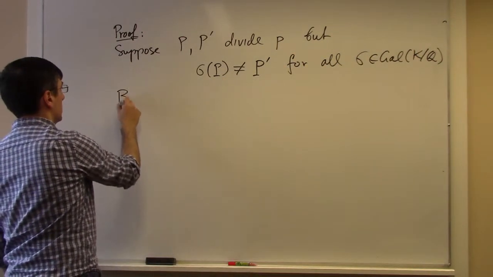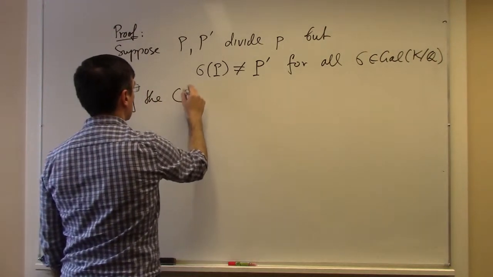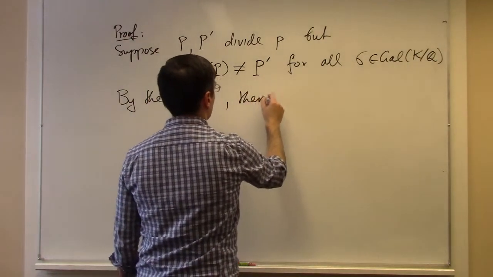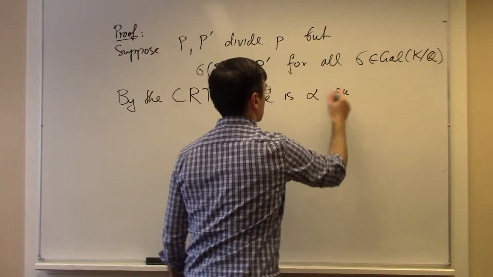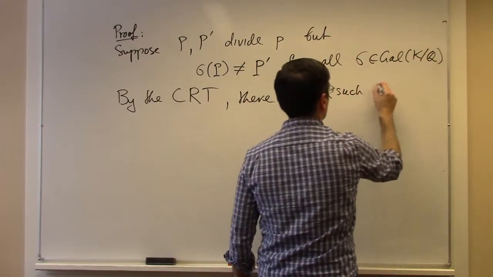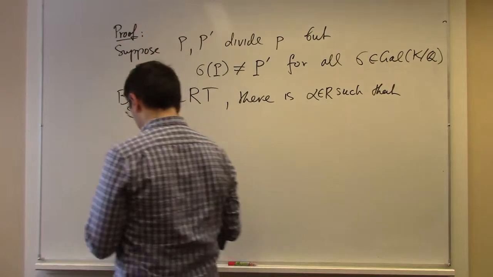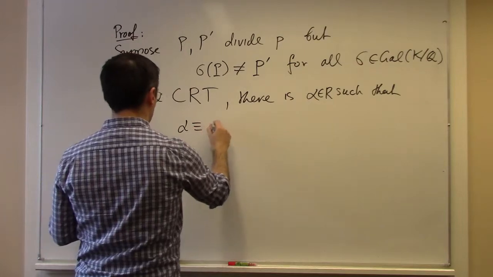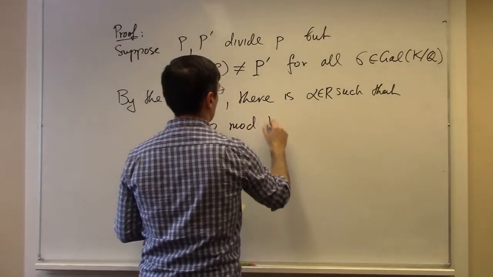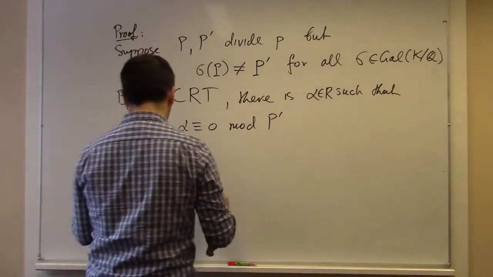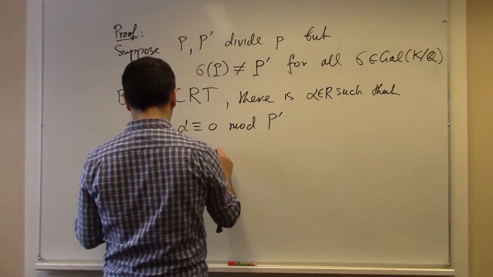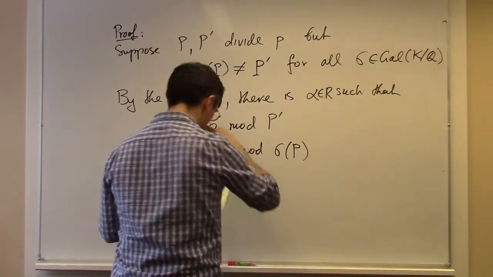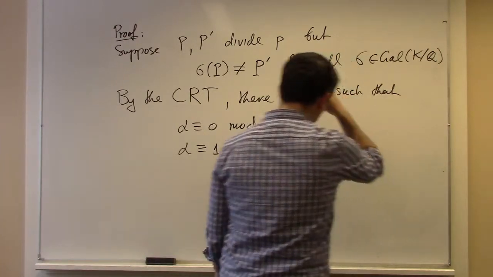Now, by the Chinese remainder theorem, there is alpha in R such that alpha lies in P prime, but alpha is congruent to 1 mod sigma P for all sigma.